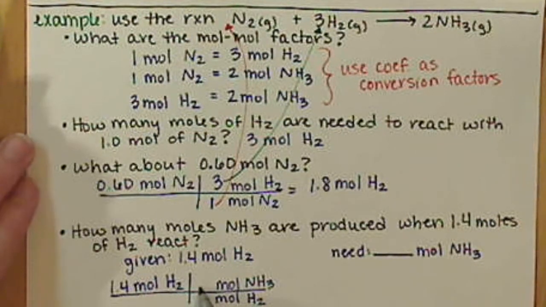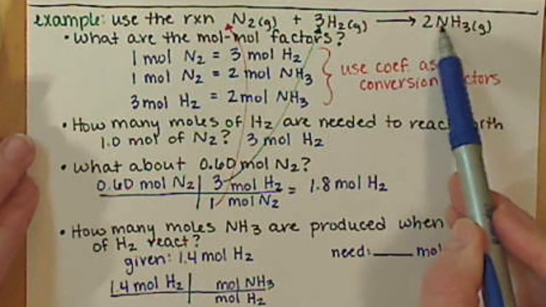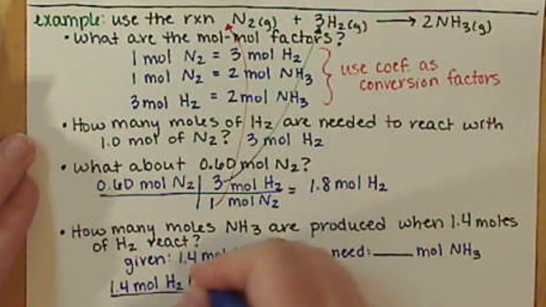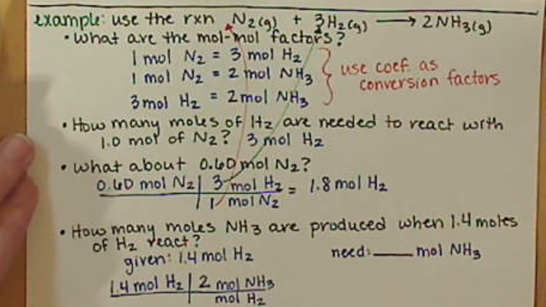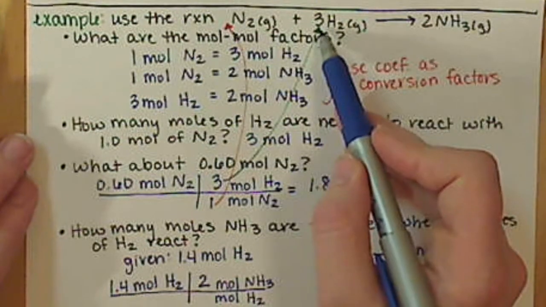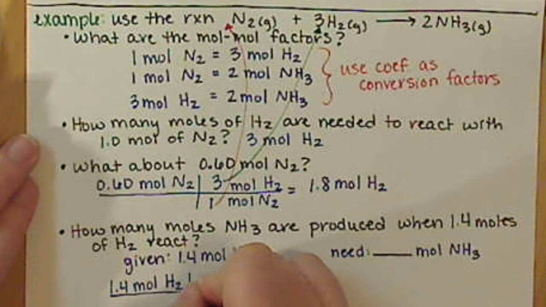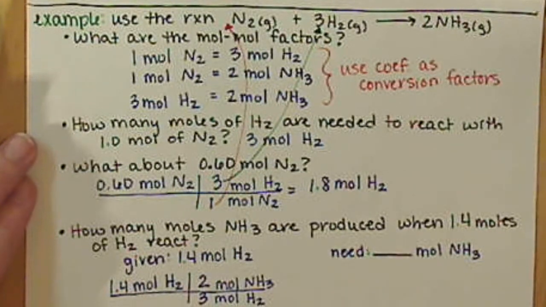Our coefficient in front of NH3 is a 2, so we put a 2 in front of our moles of NH3. Our coefficient for hydrogen is 3, so we'll put that down there.